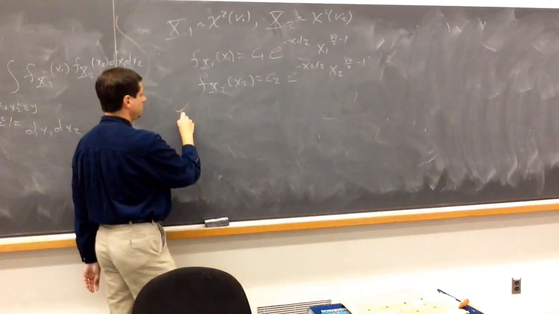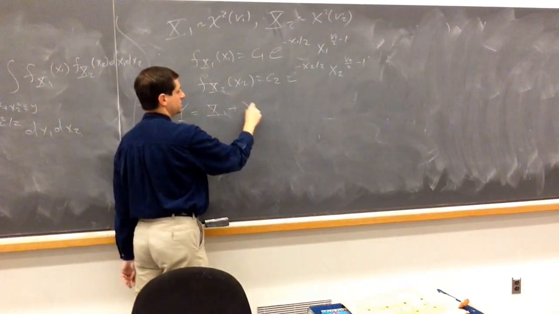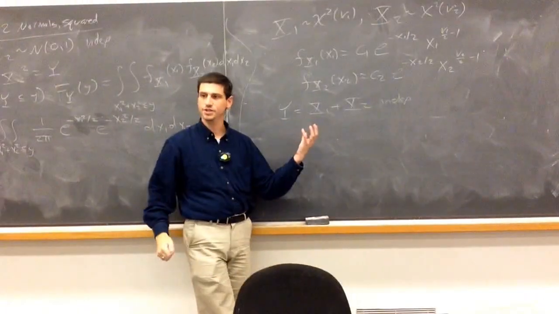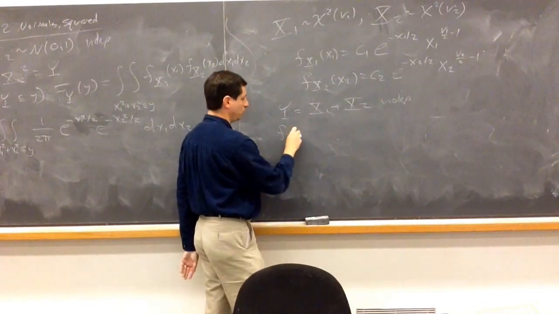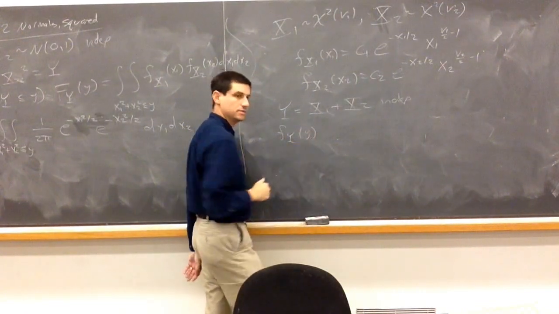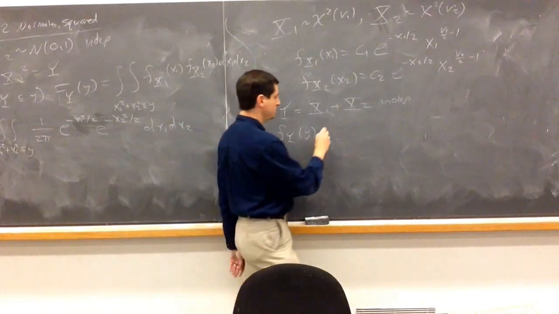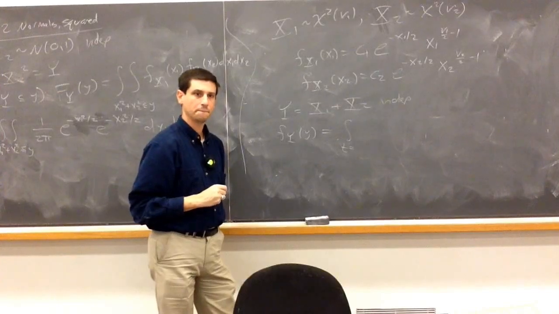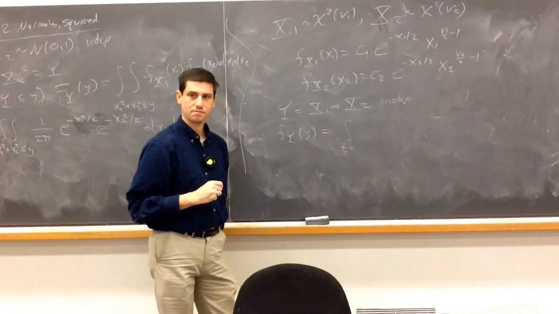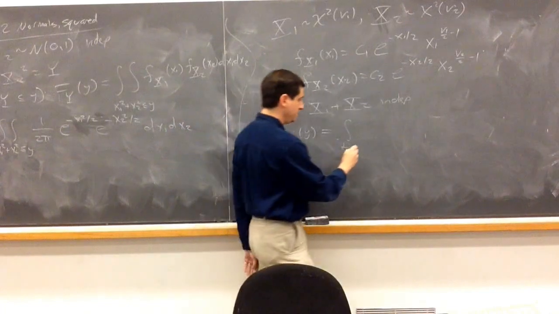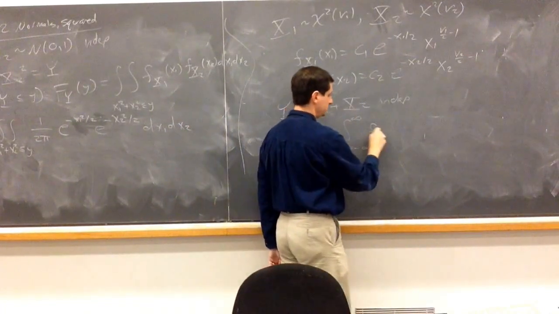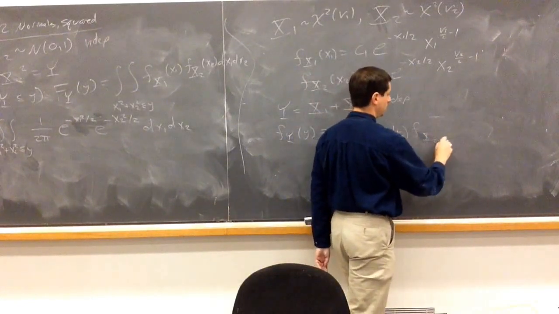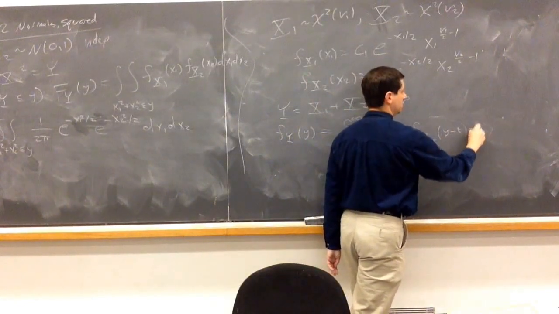If we now let y be x1 plus x2, independent, then we can use our convolution results. And the density of y is going to be the integral, t goes from what to what? Minus infinity to infinity, the density of the first one at t, and the density of the second one at y minus t dt.